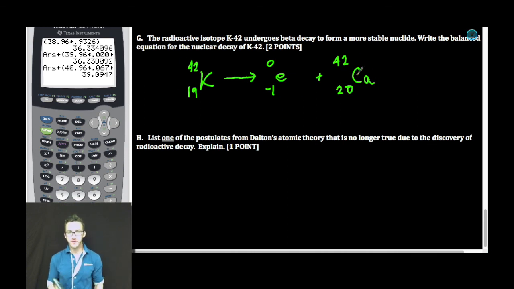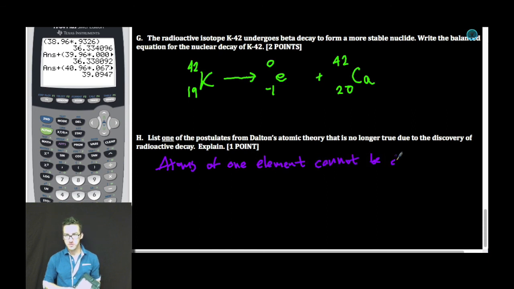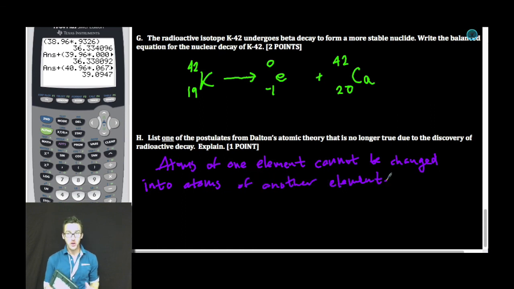All right, final part of this free response says list one of the postulates from Dalton's atomic theory that is no longer true due to the discovery of radioactive decay. Atoms of one element cannot be changed into atoms of another element. All right, that postulate is no longer true. Obviously, as we look at this decay equation.